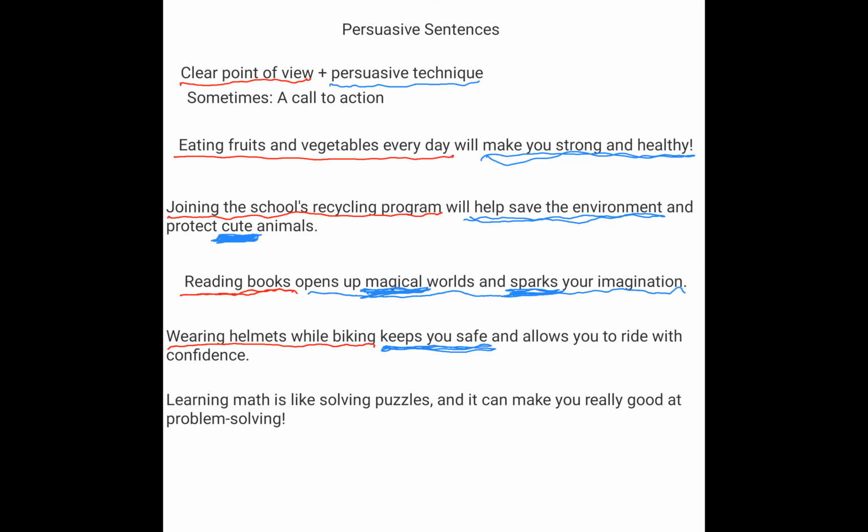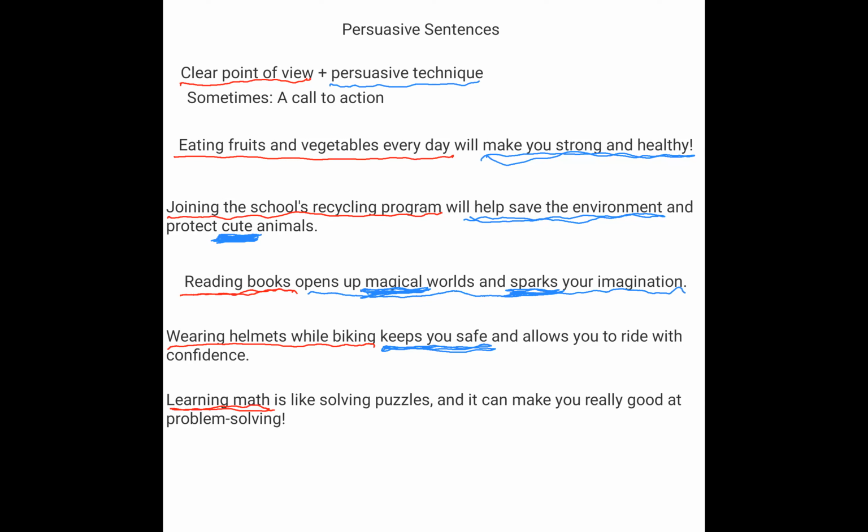Jack, this sentence wants us to learn math. Very good. So this sentence wants us to learn maths. And what is the persuasive technique being used? Mary. It compares learning math with solving puzzles. Very good.